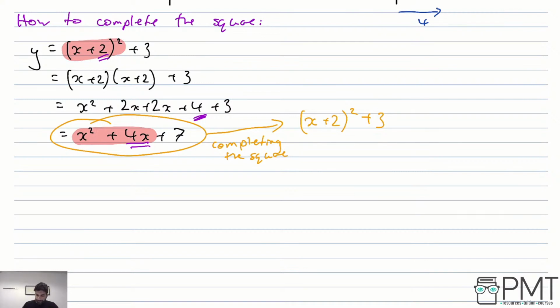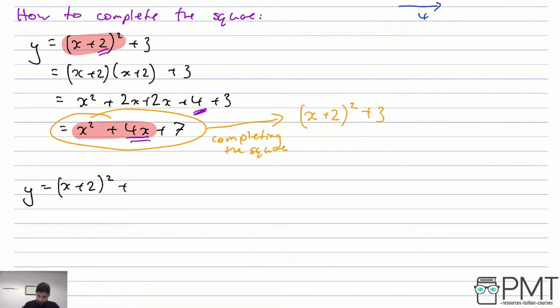So if you want to go back, suppose we started with this expression, x squared plus 4x plus 7. This is where we start, and we want to write it in this form. So the first thing you will do is you know that it has to be a bracket and squared.